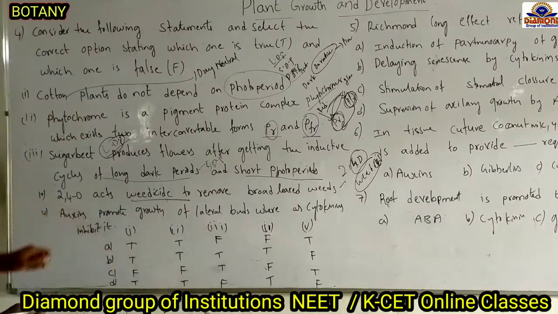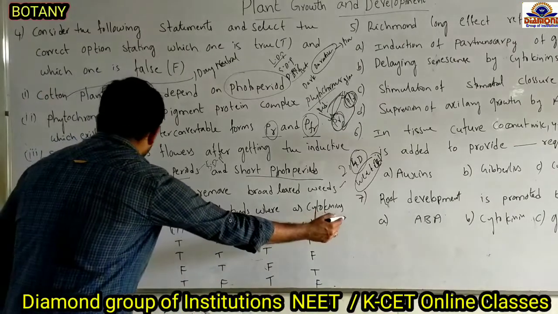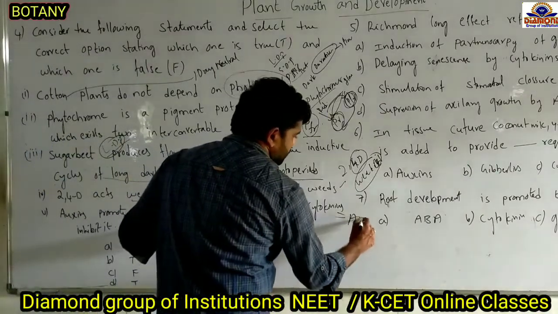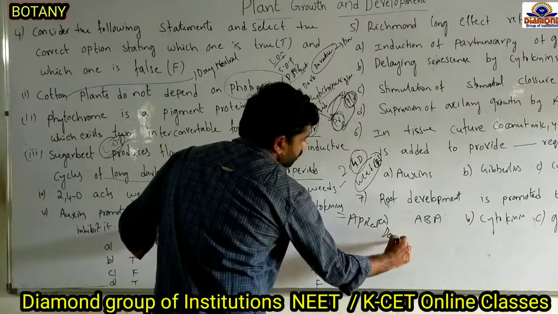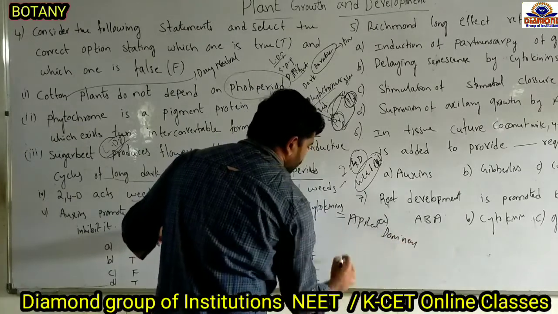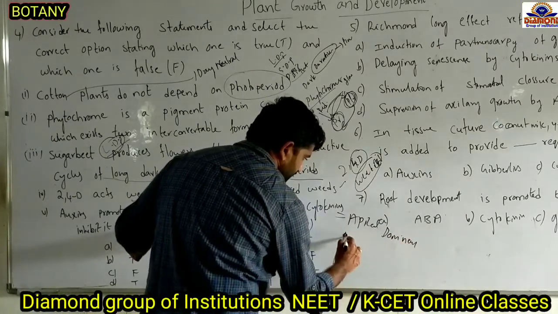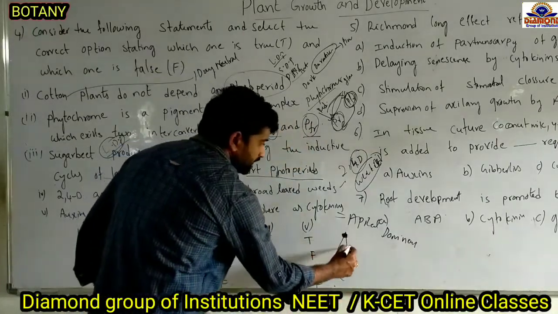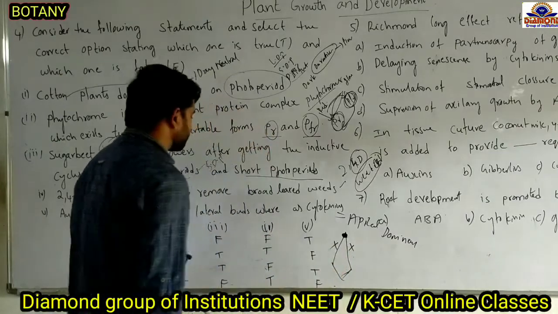And option 5, auxins promote growth of lateral buds whereas cytokinins inhibit. So auxins produce apical dominance. You know that apical dominance means auxins are present at the apex region, so by the presence of auxins at the apex region, lateral branch formation is inhibited.